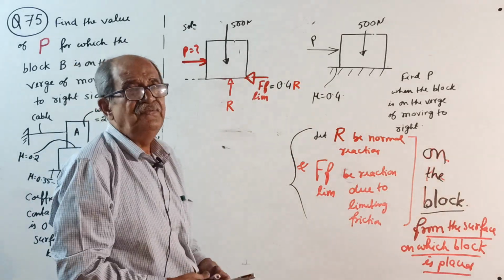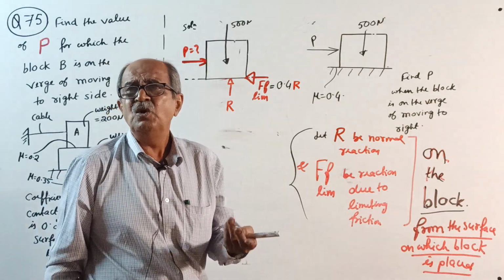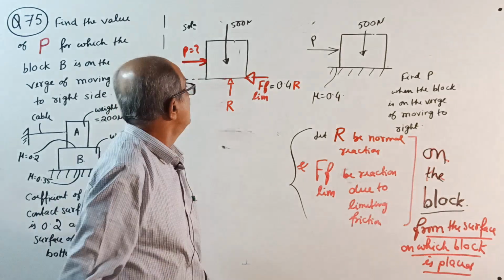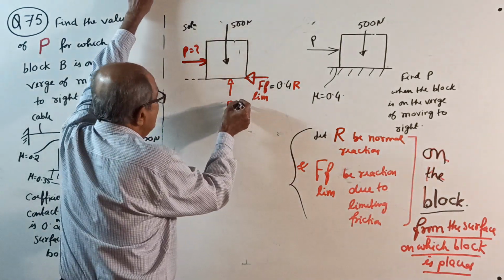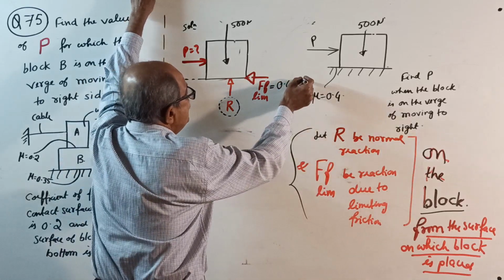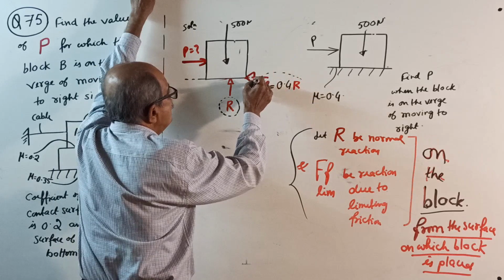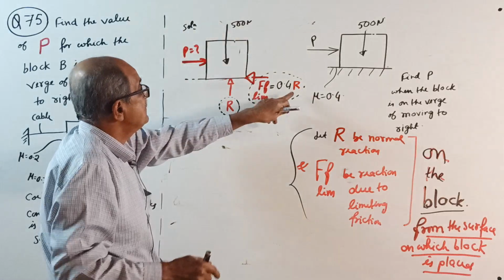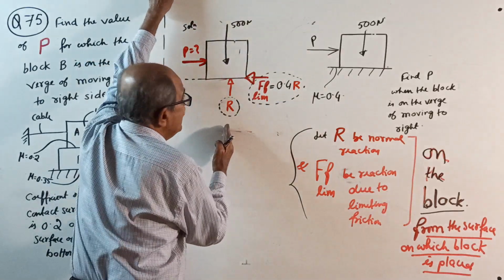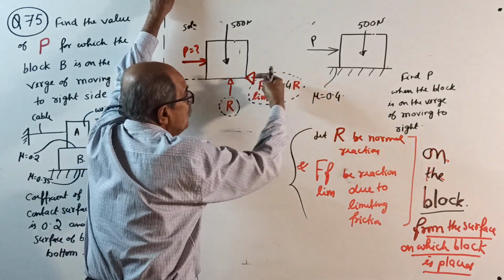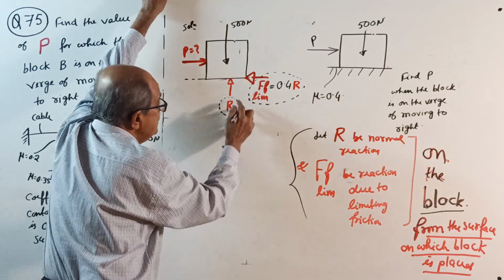Some will tell, sir, this we know. You know it correctly, but you are not knowing the perfect meaning. This normal reaction R and the limiting frictional force of 0.4 times this capital R, what are these two?